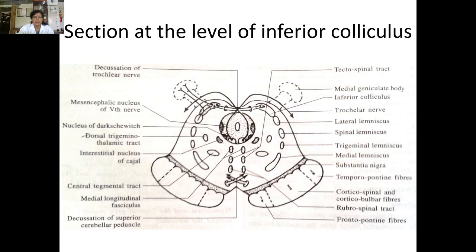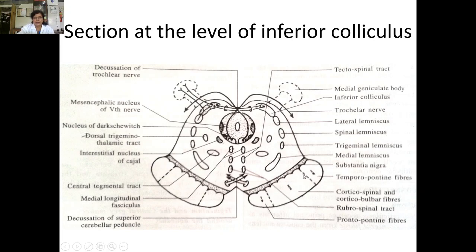So first we will see the transverse section at the level of the inferior colliculus. First, the crus cerebri. The crus cerebri is present anterior to the substantia nigra. In cross section, it is semilunar in shape, and its cut surface looks like the cut surface of a strand of rope.